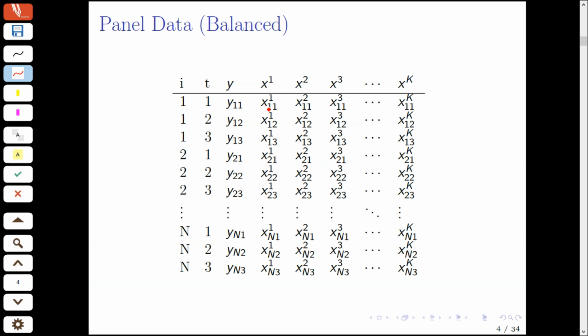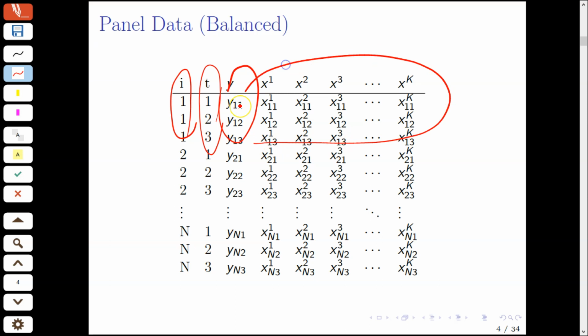Namely, for each individual, say individual i or 1 in this case, we have repeated observations across different periods in time, subscripted here by this lowercase t, and here for 3 periods of time. That is, we observe both the outcome variable across all these periods of time for the same individual, as well as all of these regressors.